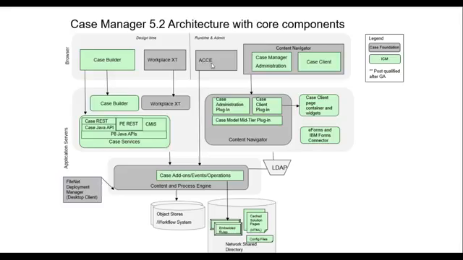Don't get confused with these two, and after 3-4 sessions you will be clear with these two. I'm sure about that. Initially today you are hearing the same term administrative client, you might get confused, but one is the administrative client for CPE and the other is the Case Manager administrative client. So they probably have made it like that so that people don't get confused.